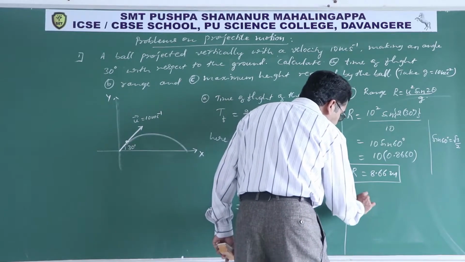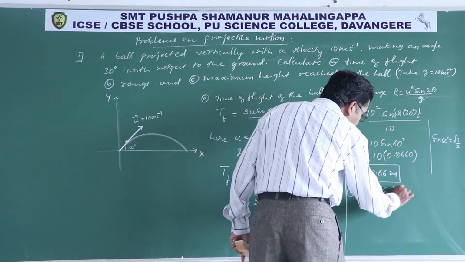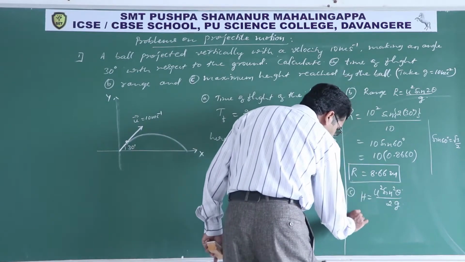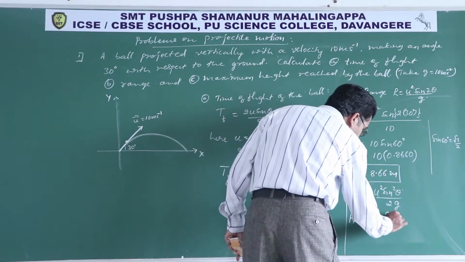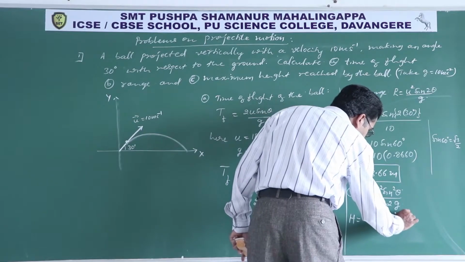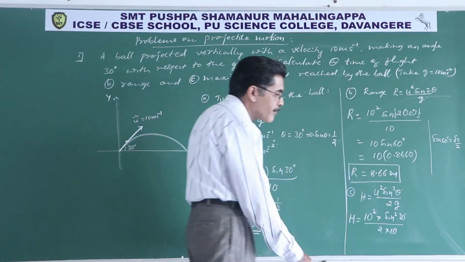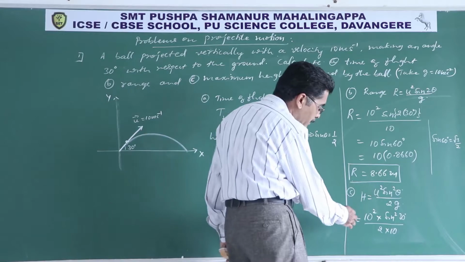Now let us calculate the maximum height reached by the ball. h is equal to u square sin square theta divided by 2g. H is equal to u square is 10 square, sin square 30, divided by 2 into 10. 10 got cancelled.